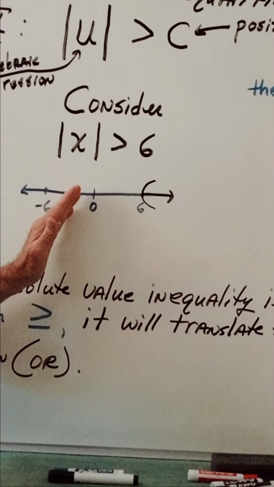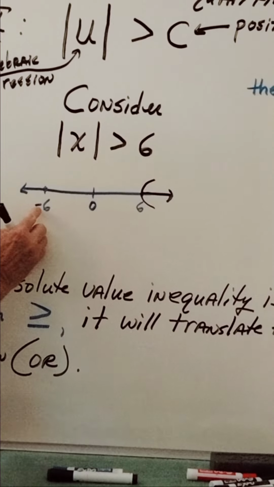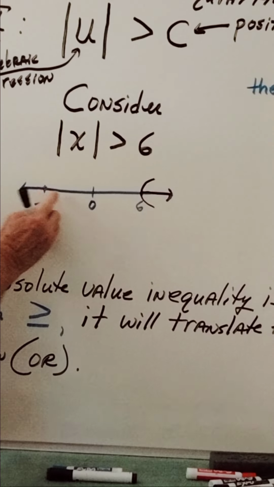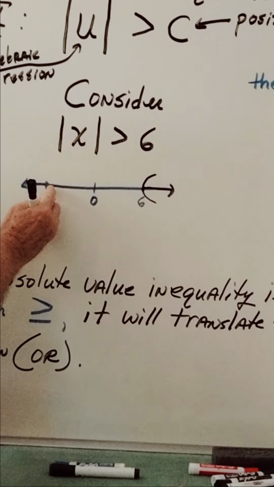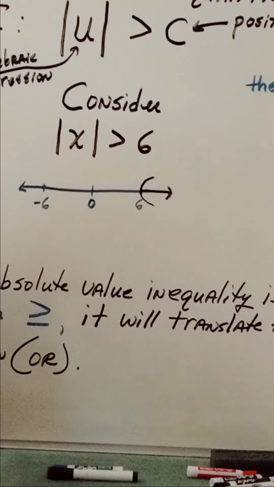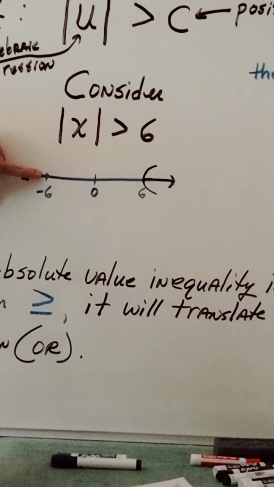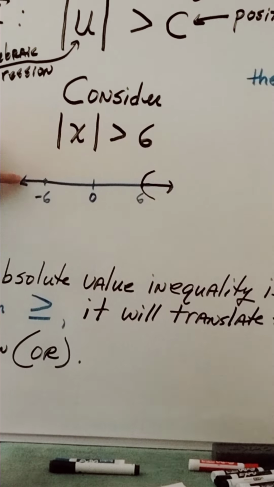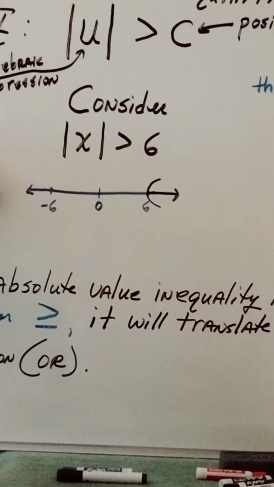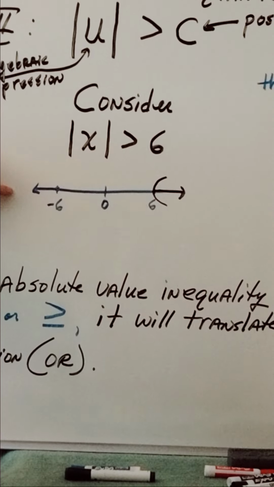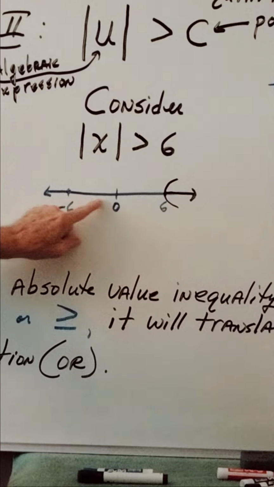And now let's move over to the other side. The critical value of negative 6 is 6 units away from the origin, just so happens to be on the negative side. So all of these values right here to the left of negative 6, all of these values would represent a distance greater than 6 units away from 0 on the number line. Not these.